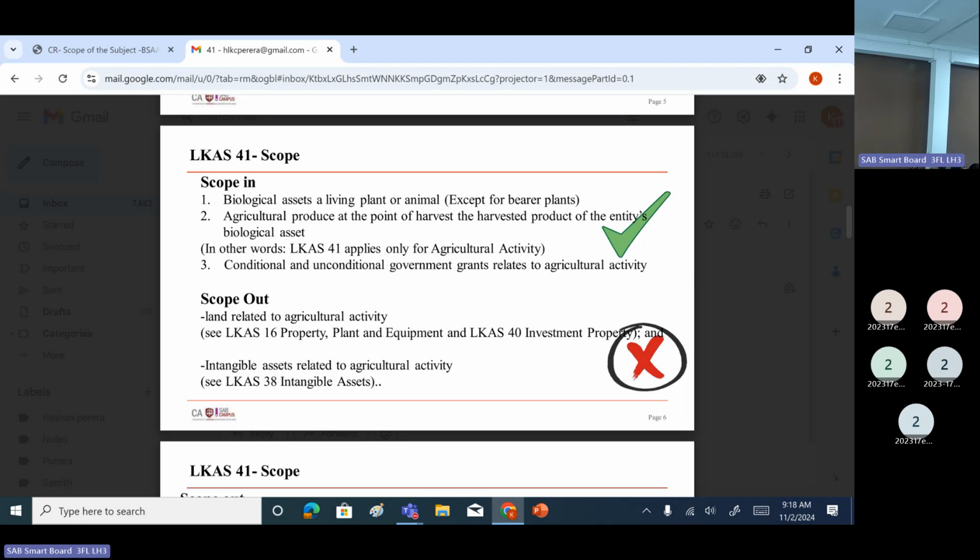Biological assets, you can divide into living animal and living plant. Anyone who is joining virtually, can you see the board?